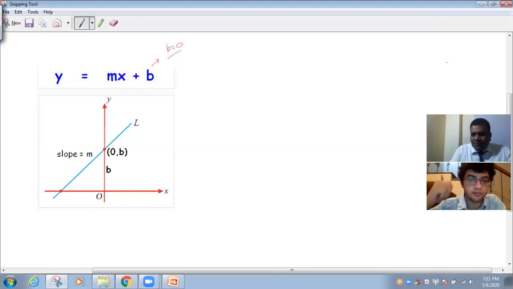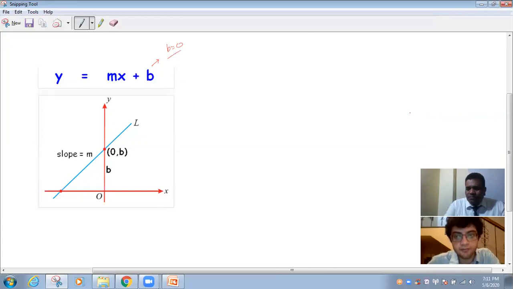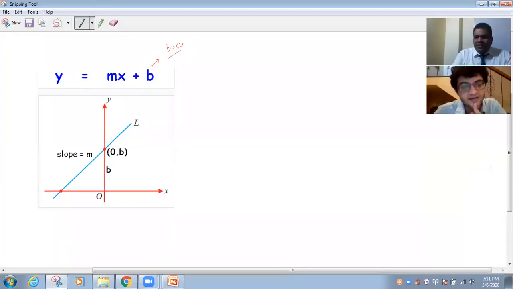And if intercept on y-axis is 0, then line will pass through... Just think once again. If the intercept is 0, so this distance has to be 0. So line will pass through where? Origin. Because this has to sit here, right? So line must pass through.